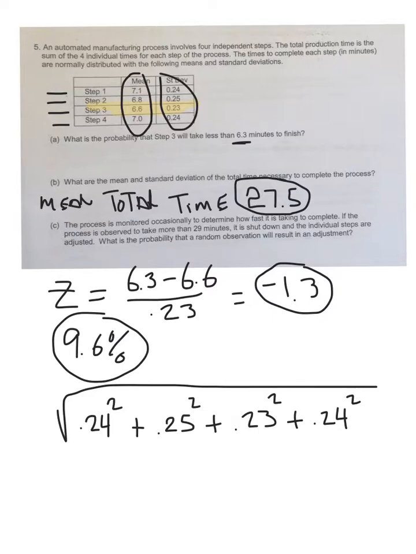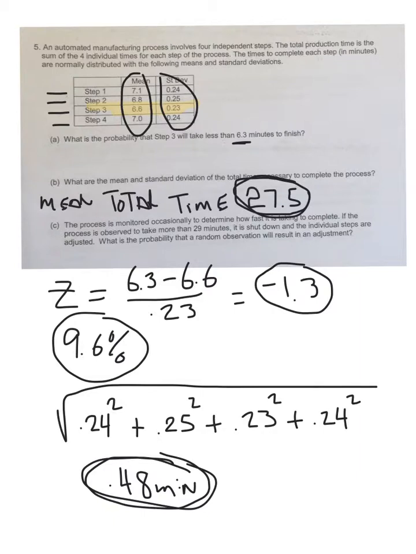Works the same if you were subtracting them. You still add them together. But anyway, the answer to that is going to be 0.48 minutes. So that's the standard deviation for the entire process. So about 27.5 minutes, give or take a little less than a minute. That's how long it's going to take.